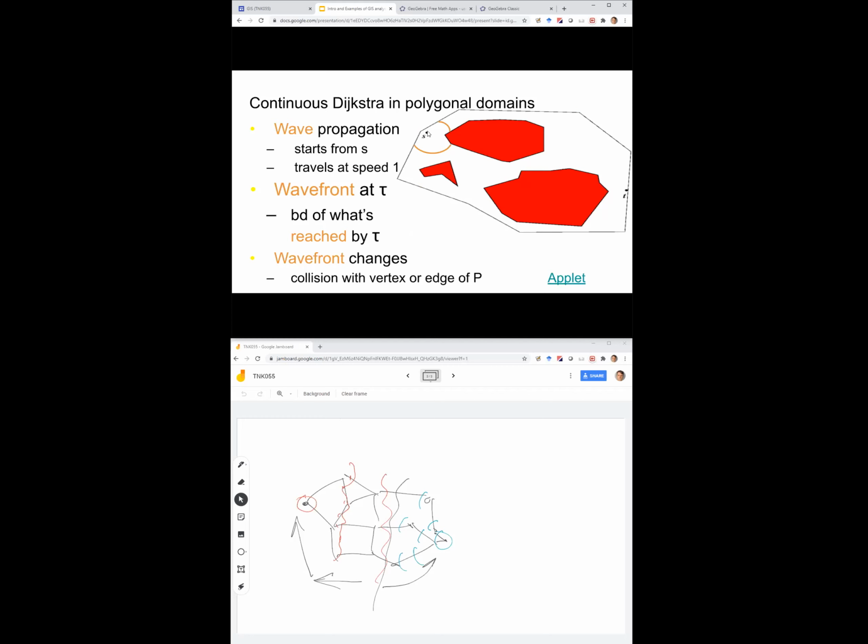And you try to understand what is the shortest path from S to T. So what you can do is, again, drop a stone at this point, if you imagine that this is a lake and the red parts are the islands, and see how the wave propagates from S. And the wavefront at any time tau is what can be reached from S by the time tau. And the wavefront changes when it collides with vertices and so on, but still you can do the propagation and track how the wavefront changes. And then the time when the wavefront reaches T, that's how long you need to get from S to T.